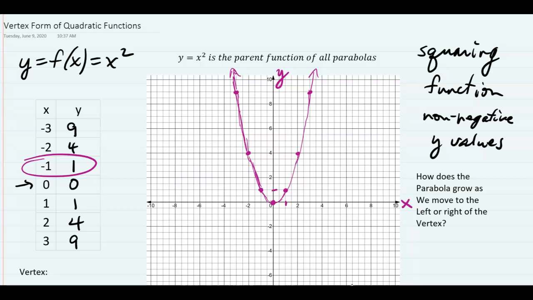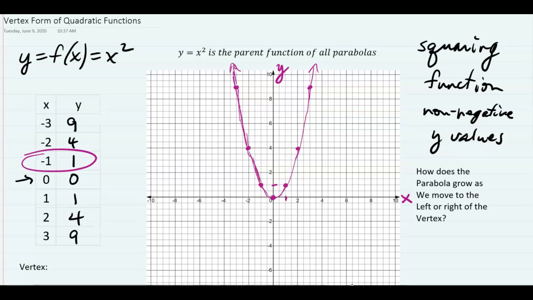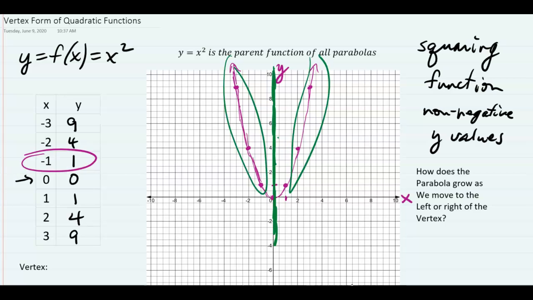Now one thing that we quickly notice about this graph is that it looks like it has vertical symmetry. In fact, if I were to just draw this dark green line down the middle, we see that what we have on this side looks like a mirror image of what's on this side.